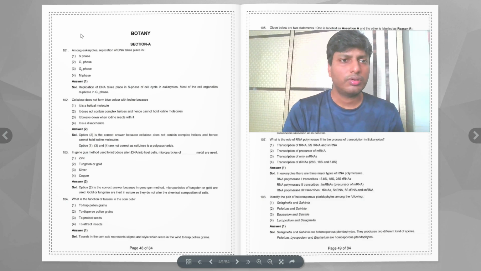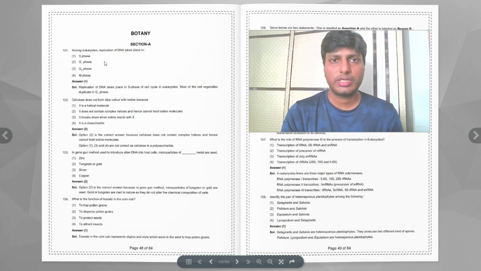Here the options are S phase, G1 phase, G2 phase, and M phase. The answer to this question is straight away S phase, because S stands for synthesis phase. In the cell cycle there are three basic phases, G1 phase, S phase, and G2 phase, which is followed by the M phase.